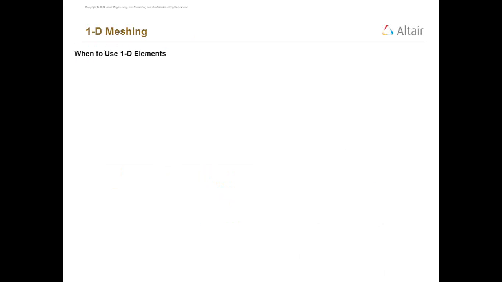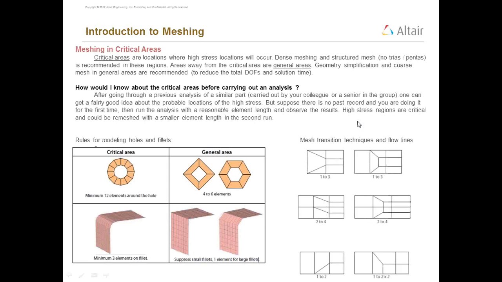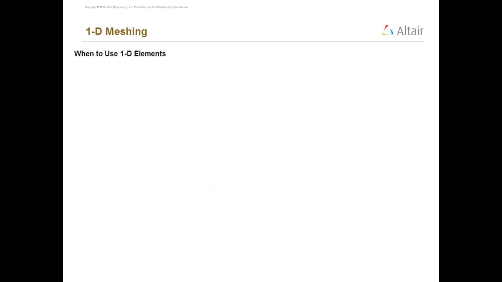Then we will start with 1D meshing. Now the question arises, when to use a 1D element. 1D elements are used when one of the dimensions is very large in comparison to the other two. The element shape is a line.